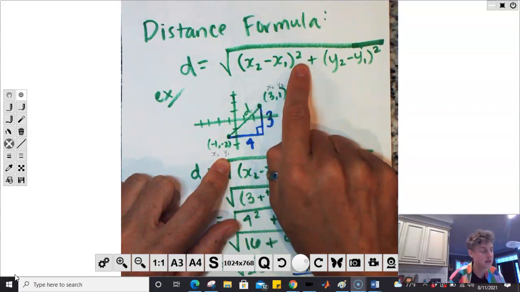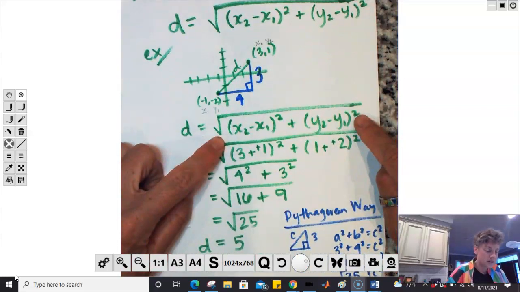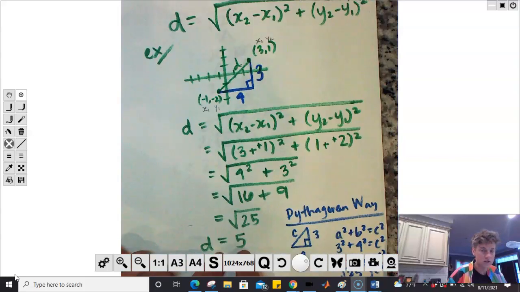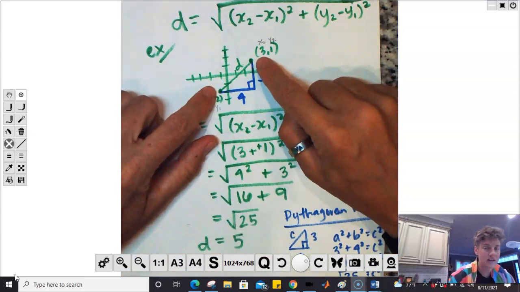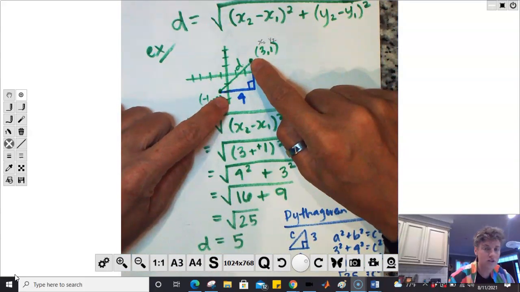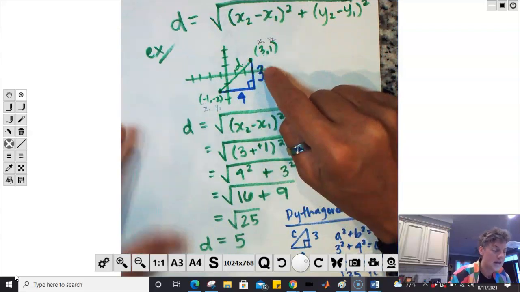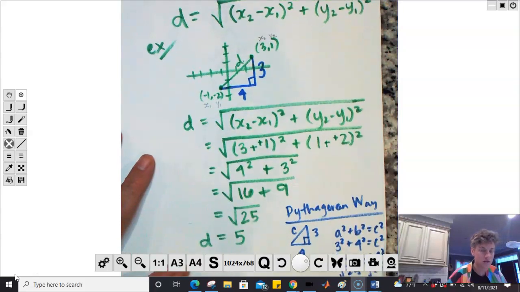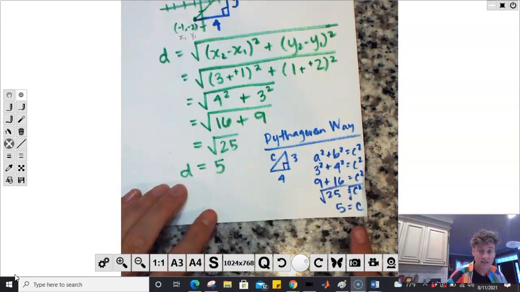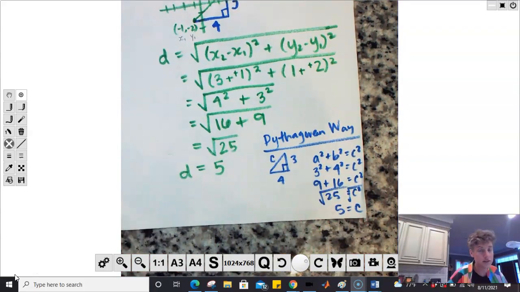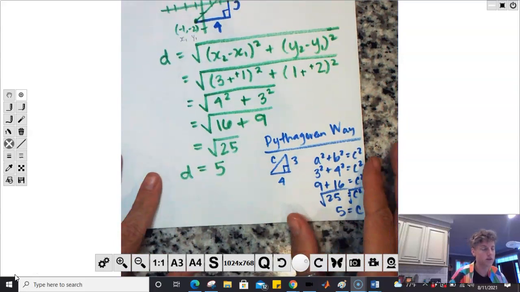I like to do big minus small. Plugged in our numbers, got down to an answer, and then I showed you how you could make this distance formula question into a Pythagorean theorem question by drawing a right triangle and counting how long the sides are. And we got the same answer. So both of these are valid ways to solve these types of questions.